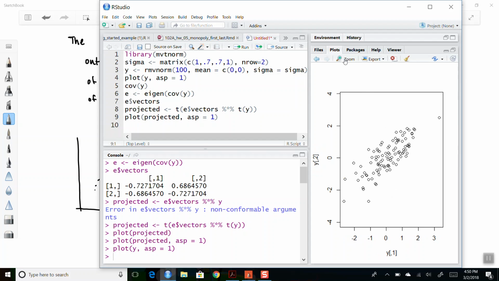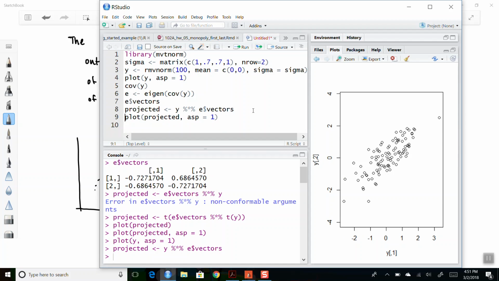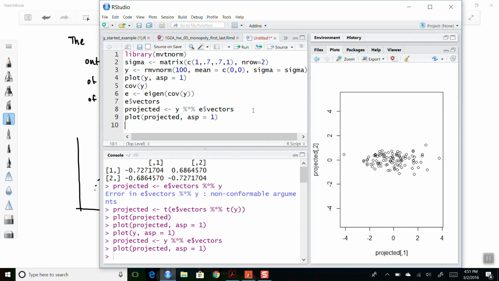I think I did this. All right, so this is our original data. Let me see. I wonder why the vectors. Am I doing something wrong with my vectors? Y projected times $vectors. Okay. Something's getting kind of inverted here. I think it's fine.